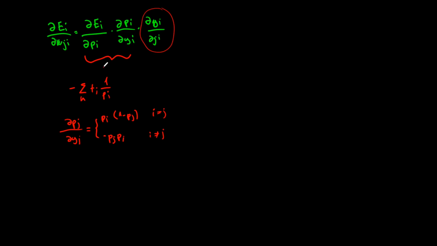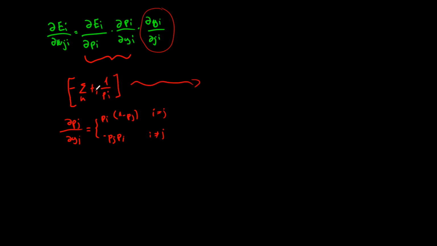So this product becomes this multiplied by this. So there are two cases here, when i equals j and when i does not equal j. So let's rewrite this differently.